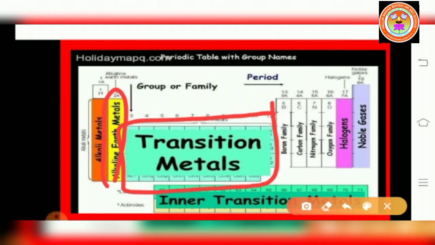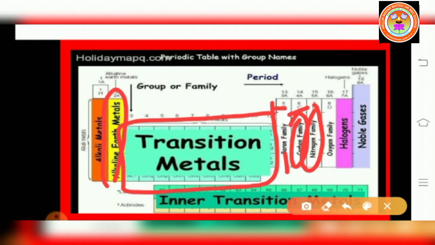In group 13, boron is the first member, so group 13 is called the boron family. Group 14 elements are called the carbon family because in group 14 carbon is the first member. In group 15, nitrogen is the first element, so it is called the nitrogen family.